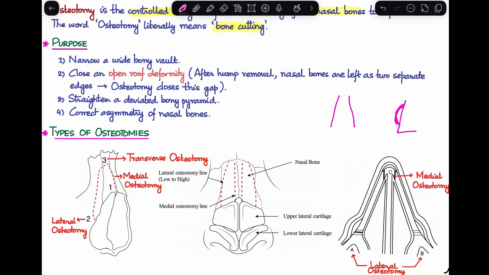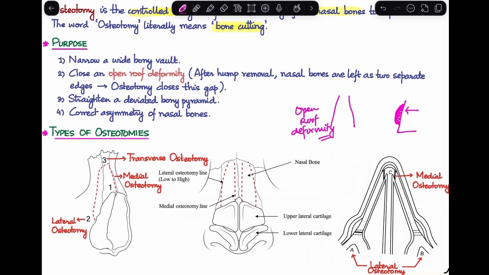After you have removed this whole hump, what remains behind over here is a gap. The nasal bones are left kind of as two separate edges. The reason why we are doing osteotomy is to close this gap. This gap is known as an open roof deformity. So one of the prime purposes of osteotomy is to close this open roof deformity.